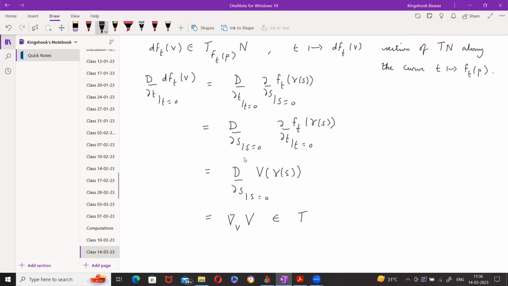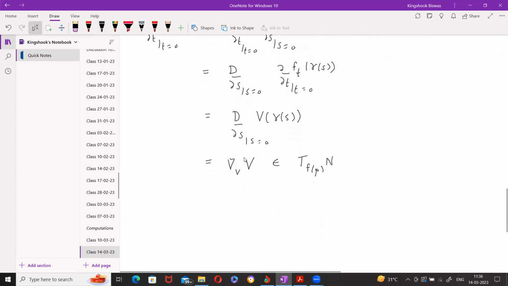This belongs to TFPN. So thus, if I look at the covariant derivative, if I look at this linear map, let me write it like this. d del t at t equal to 0 of dft, I can think of as a linear map.